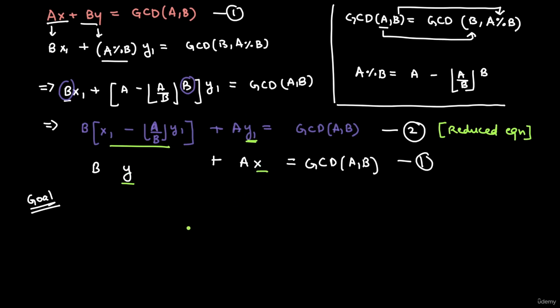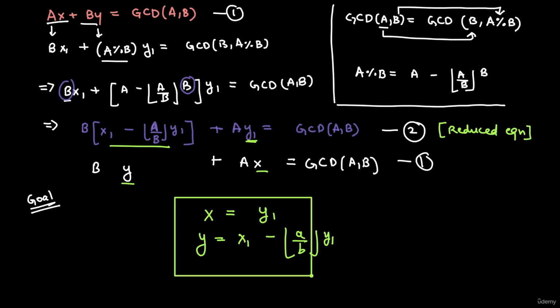So effectively we can say that our x is equal to y1, and our y is equal to x1 minus a by b into y1. Now this is an important result, and this is the result of extended Euclid's algorithm. This is what it states.